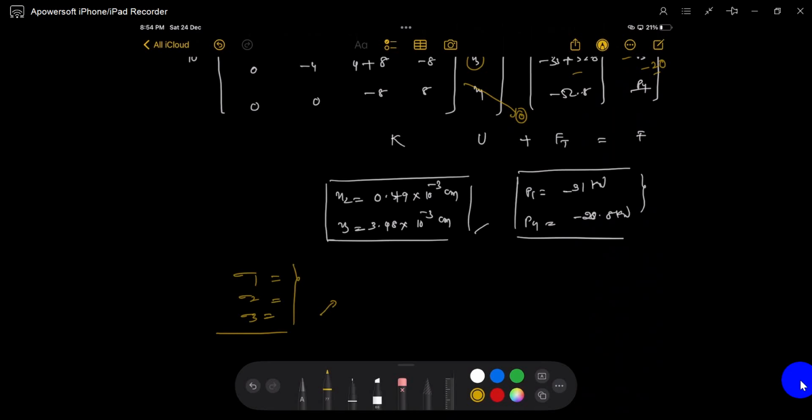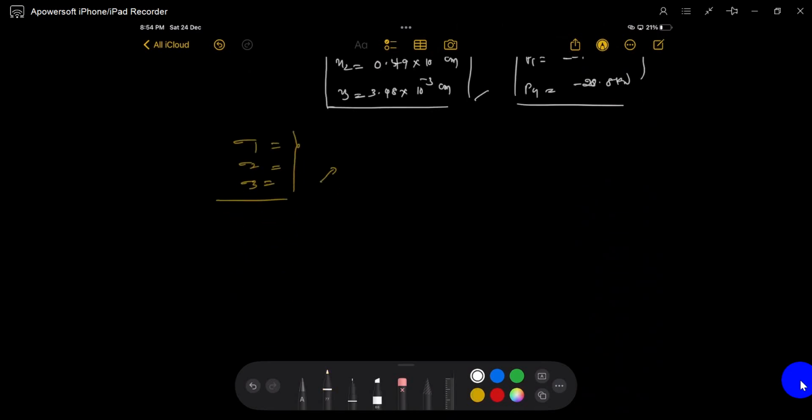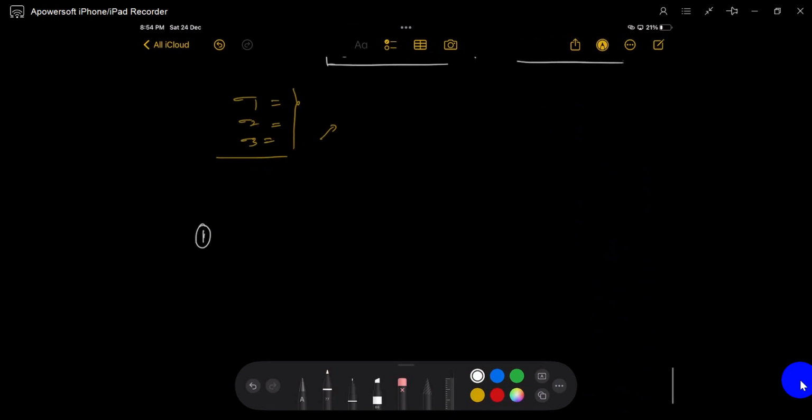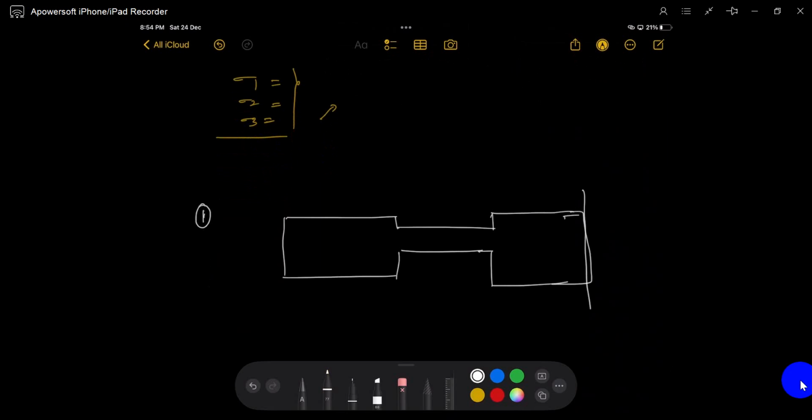You can find out delta 1, delta 2, delta 3, and you can solve some assignment problems like this 3 by 3. There is no temperature in this one. The load is 20 kilonewtons.